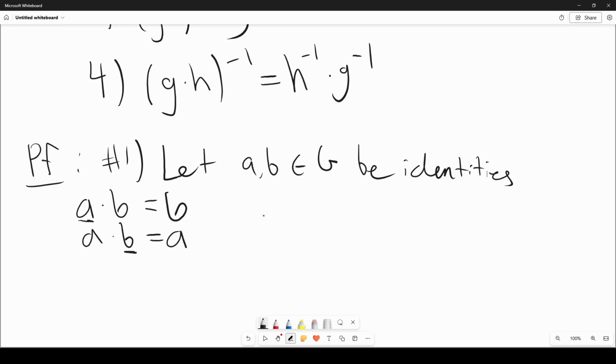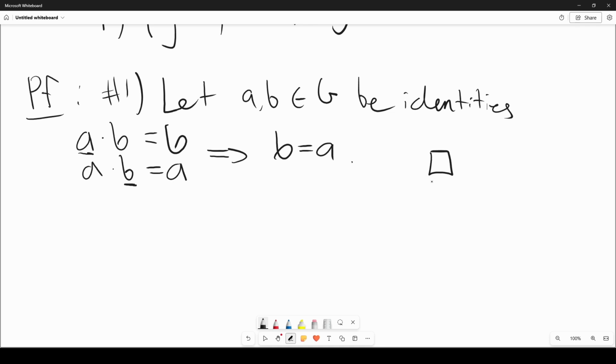But this is the same expression, so this implies that B equals A. And so thus they're really the same thing. Thus the identity is unique. Also, if you're curious, this little square symbol means proof done.